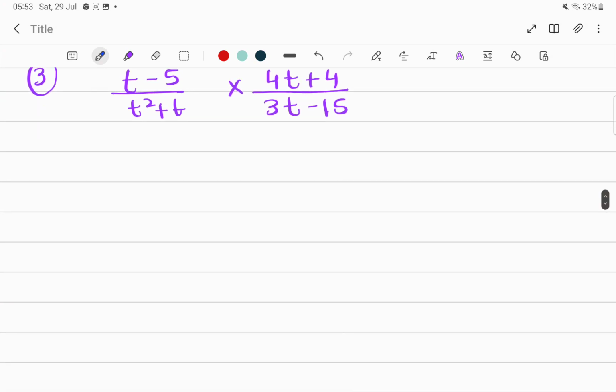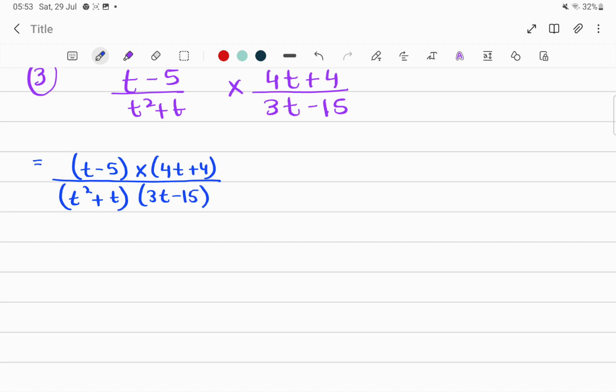t minus 5 over t square plus t, and that times by 4t plus 4 over 3t minus 15. So first thing, because it's a multiplication, t minus 5 times 4t plus 4, that is the first thing: one numerator and one denominator.